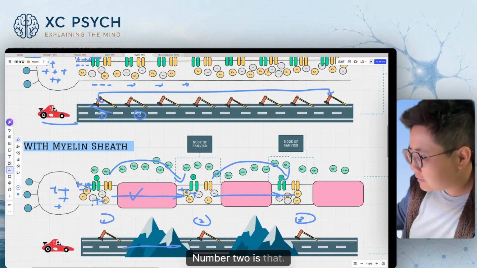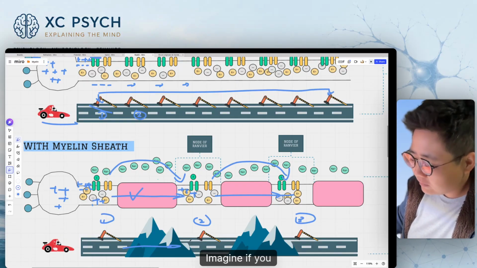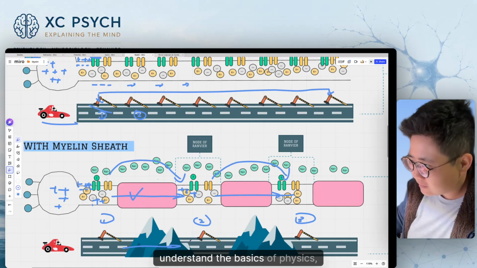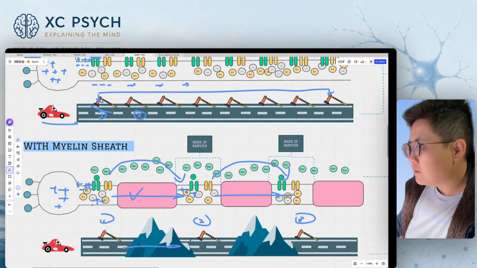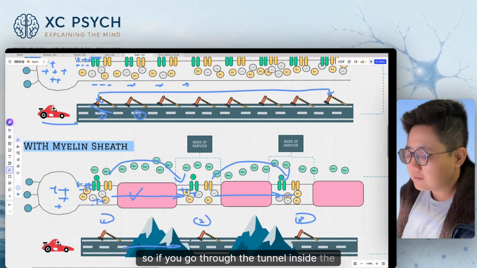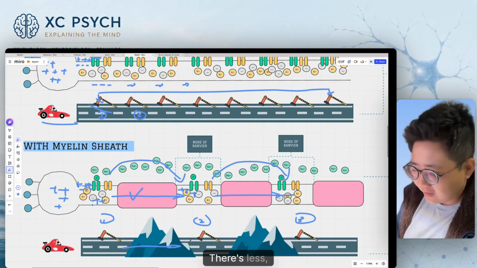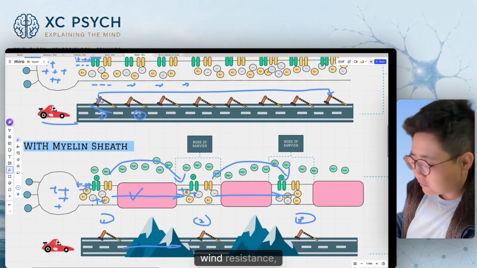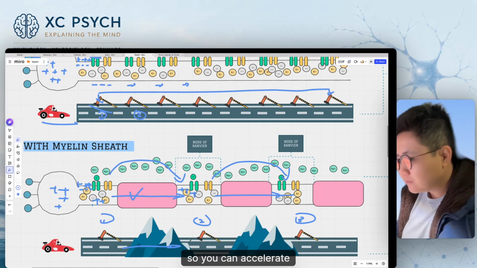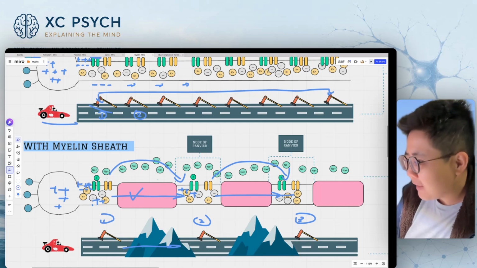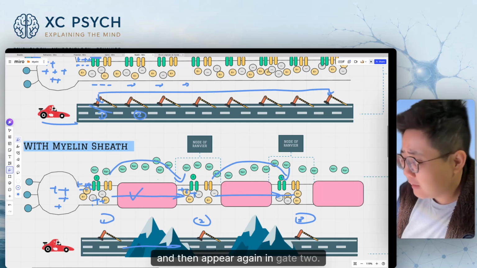Number 2 is that imagine if you understand the basics of physics. If you go through the tunnel inside the mountain, it's actually an isolated environment. There's less wind resistance. So you can accelerate through the tunnel and then appear again in gate 2.